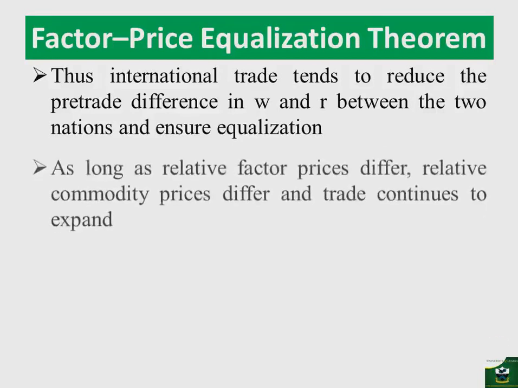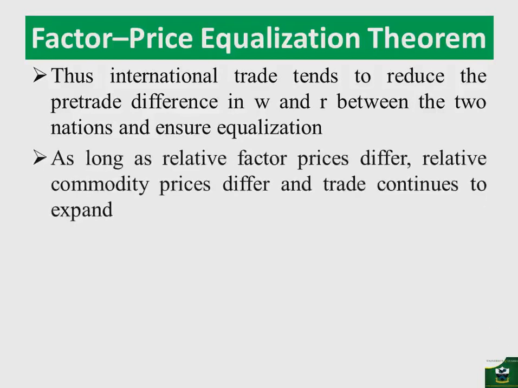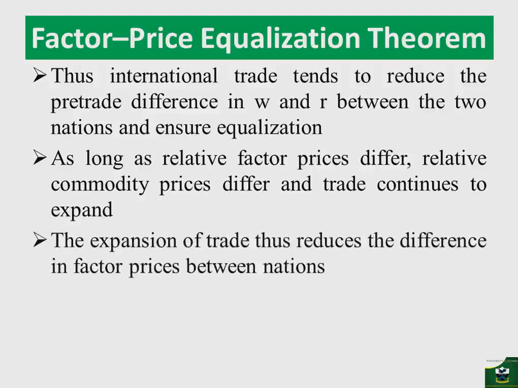As long as the relative factor prices differ, relative commodity prices will differ and trade will continue to expand. So as long as there is still a gap, nations will continue trading until each nation has enough of the goods brought from the other for the two prices to equalize. Therefore, the expansion of trade reduces the differences in factor prices between the two nations.